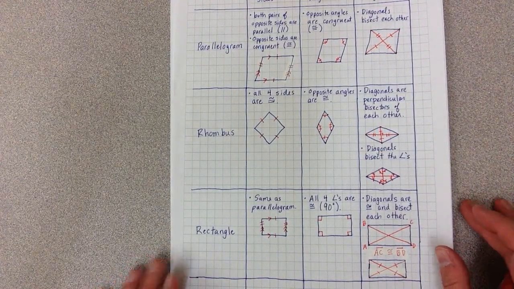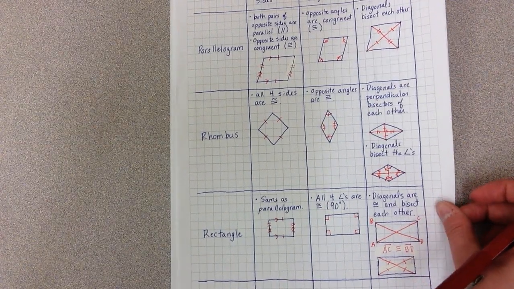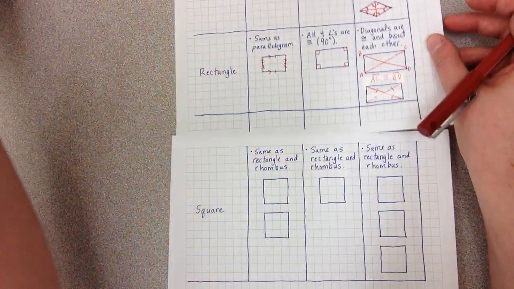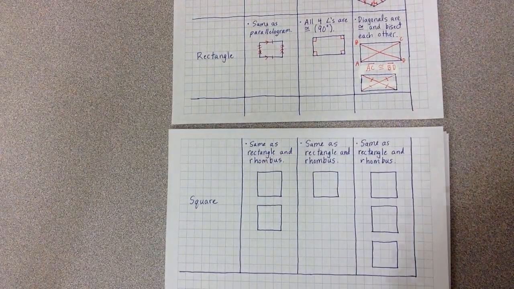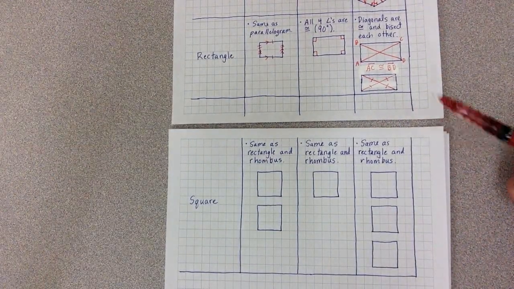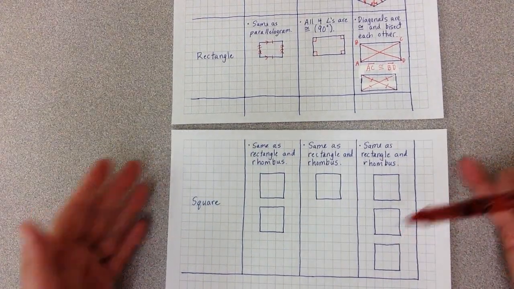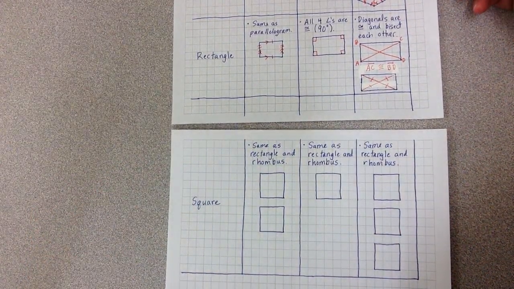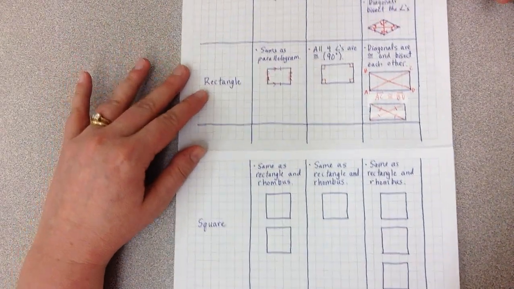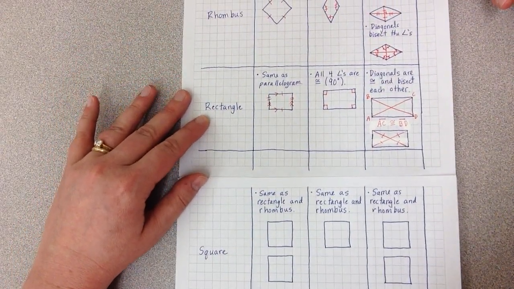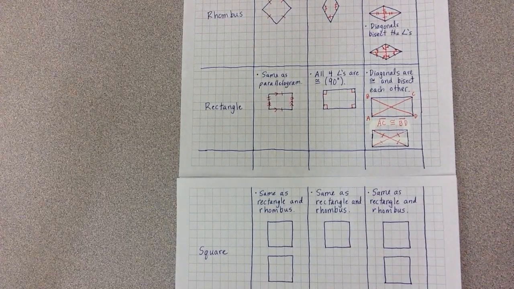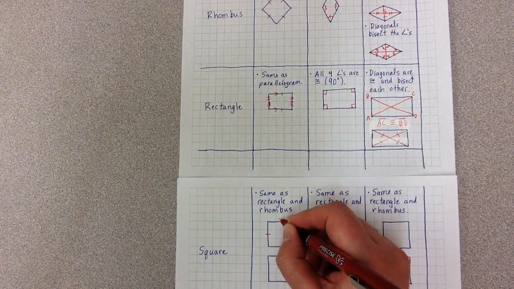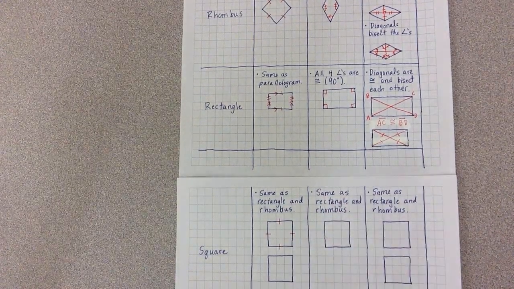The last special parallelogram that we're going to talk about are squares. So squares, if you remember, the definition was that they are rhombuses and rectangles. So I'm going to look back at rhombuses and rectangles, and I'm going to have to use those same characteristics for the squares. So a rhombus has all 4 sides congruent. So that's 1, 2, 3, 4.